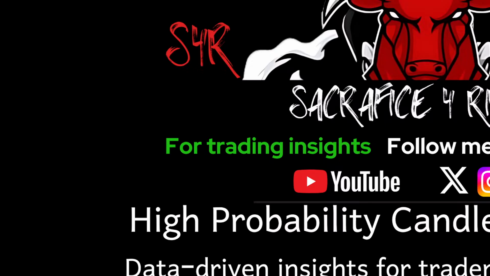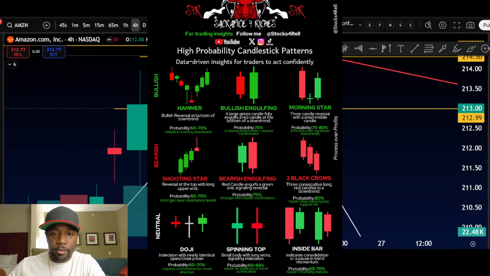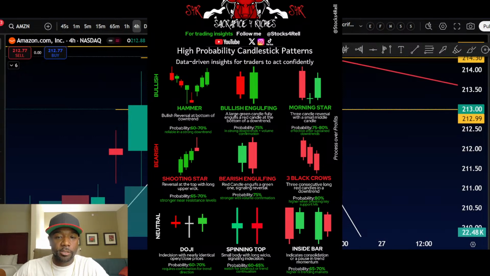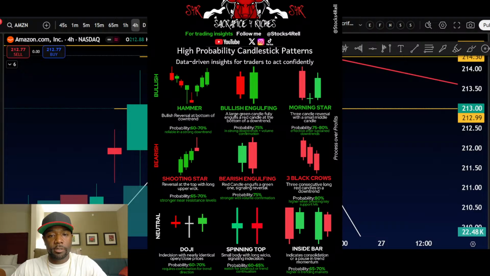Fit to screen. This right here is my high probability candlestick pattern cheat sheet. If you notice, it tells you what the price action candlestick is, and then the probabilities of which way it is likely to run.